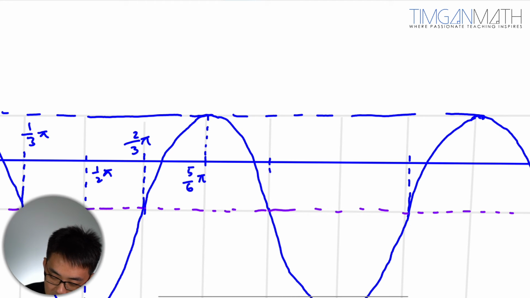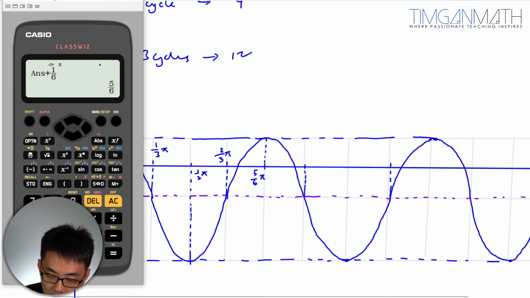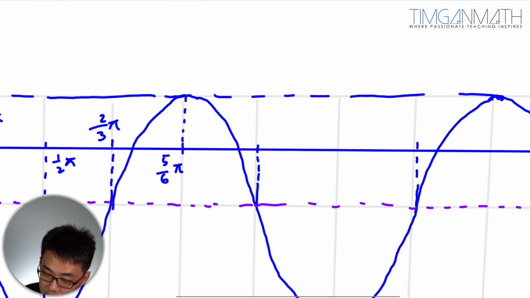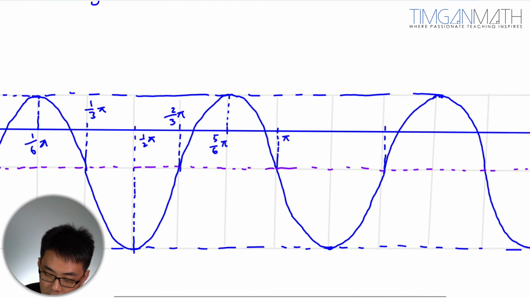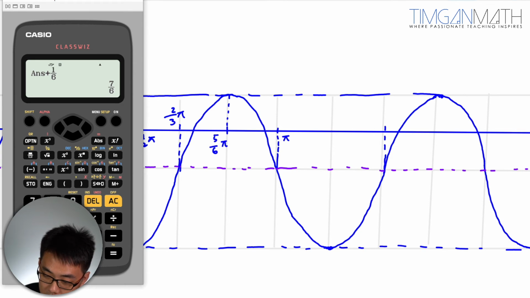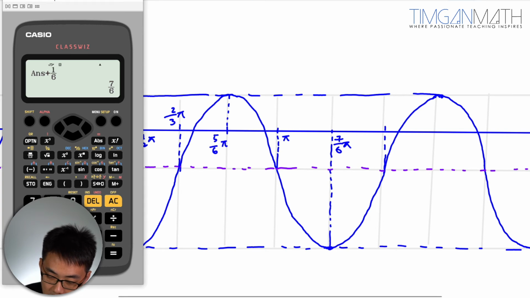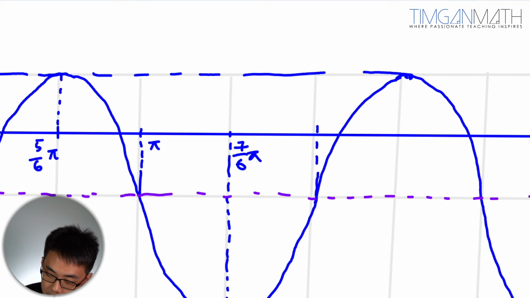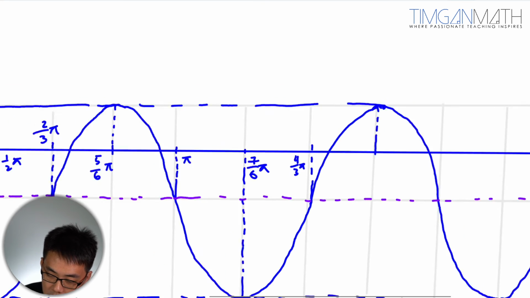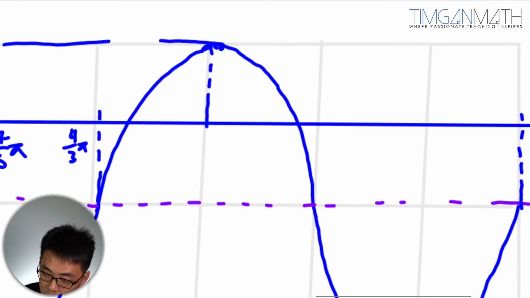Then this one here will be 1, this is pi. Then just keep going on. This is 7/6 pi. Then this will be 4/3 pi. Then this over here will be 3/2 pi.